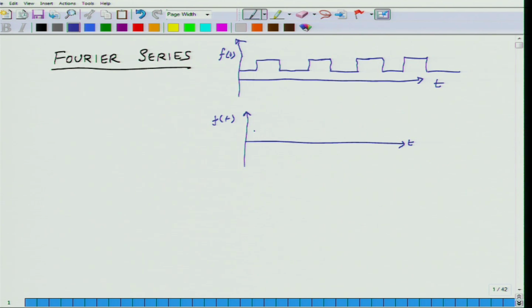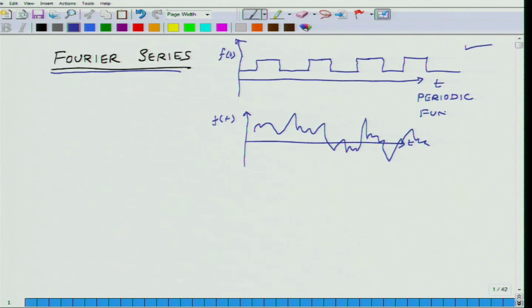So an example of a non-periodic function will be this. There is no repetitiveness in this function. So this whole concept of Fourier series is applicable to this class of functions which are periodic functions. Fourier series is not applicable to non-periodic functions.